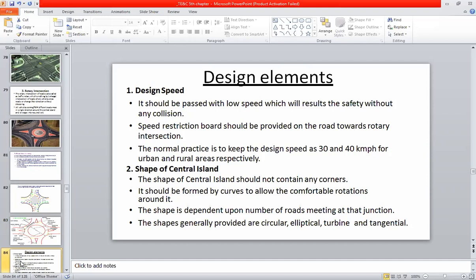This shape is dependent upon the number of roads meeting at the junction. Okay.